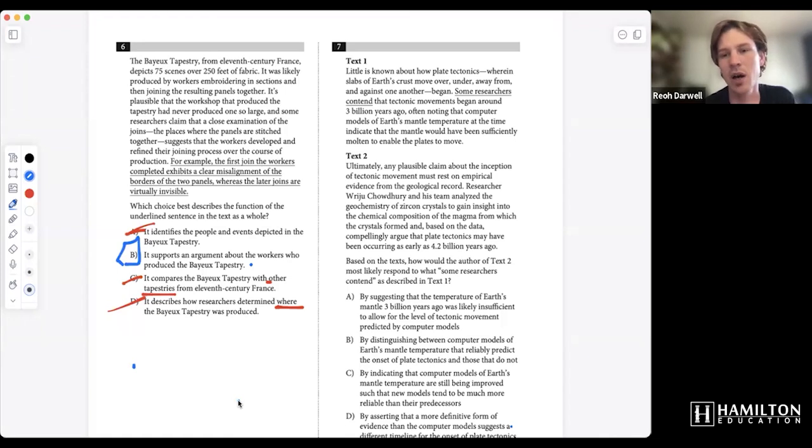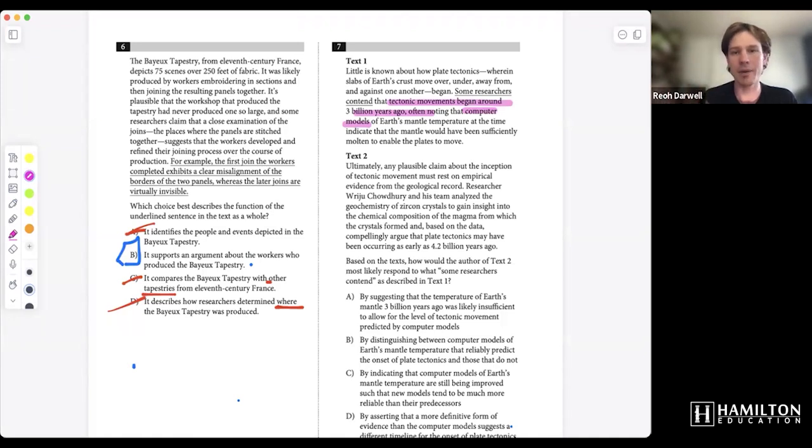So here we're asked, how would the author of text 2 most likely respond to what, quote unquote, some researchers contend as described in text 1? Okay, so what do the researchers contend in text 1? That tectonic movements began around 3 billion years ago, according to computer modeling, right?